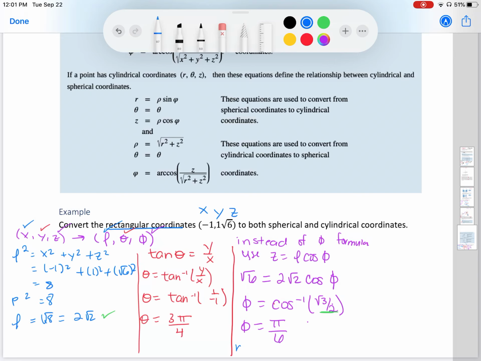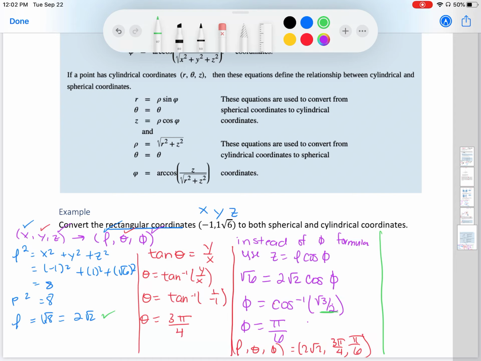So rho, theta, phi is made up of, well, our rho was 2 square root of 2. My theta was 3 pi over 4. And my phi was pi over 6.